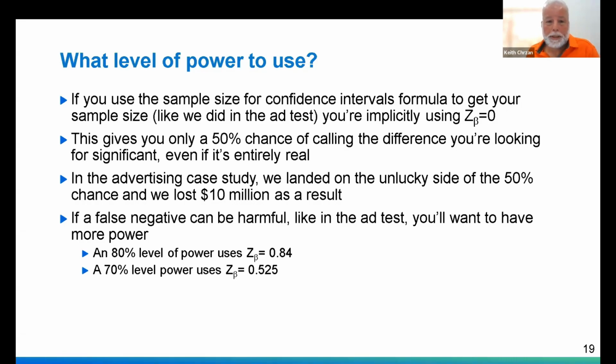That's not a very high percentage. That's what happened that cost us $10 million in the advertising case study. If a false negative can be harmful, like in the ad test, you want to have more power. And the two levels I usually see people use are 80% power, which makes for a z beta of 0.84, or a 70% level of power, a z of 0.525.